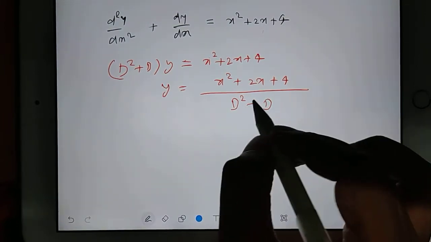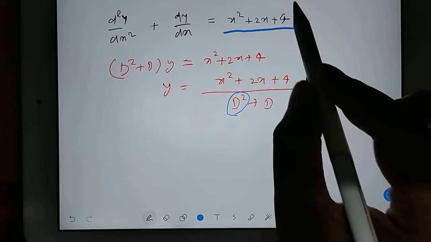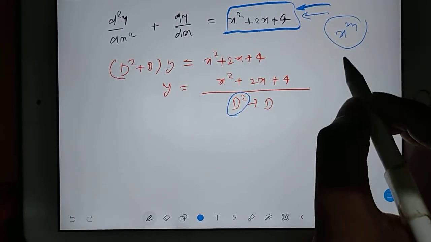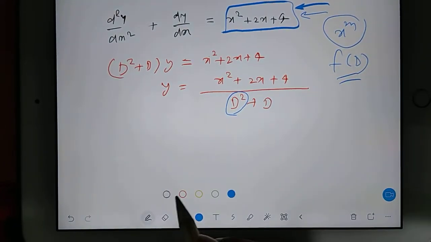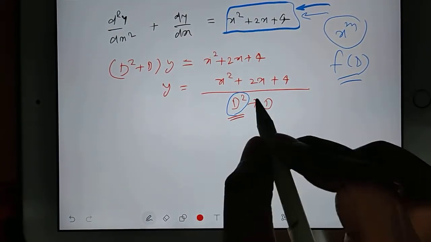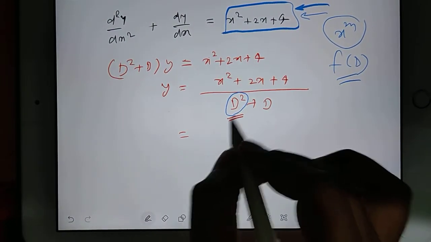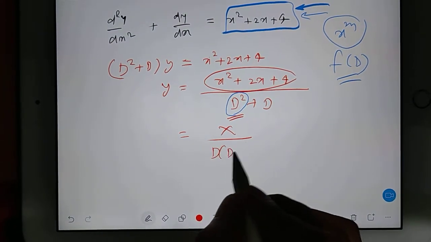So I was saying don't write a square term here, because whenever these kinds of algebraic terms like x power m are there, we operate them with a function of D like this, not the D square. So you have to break D square as D into D, or better take D common. So your new term will be this part, which I'm writing as capital X, over D(D plus 1).